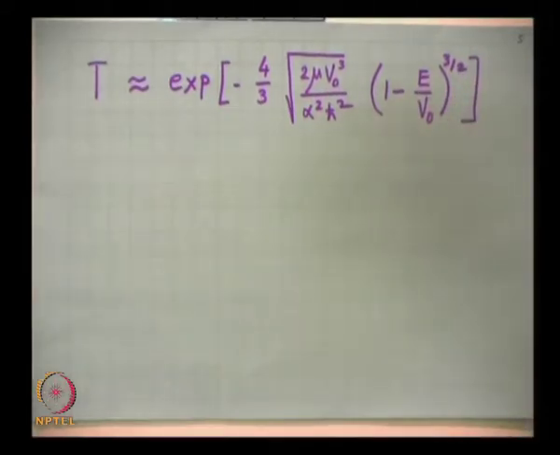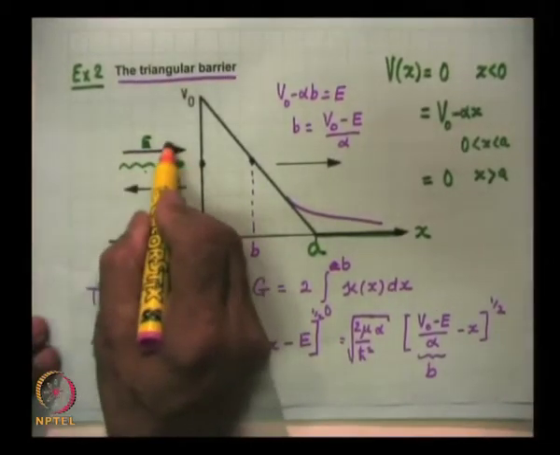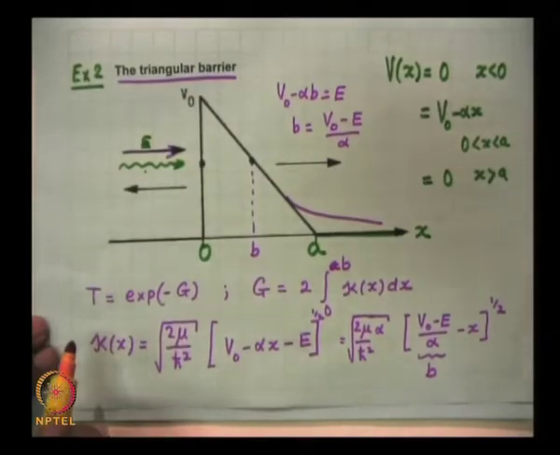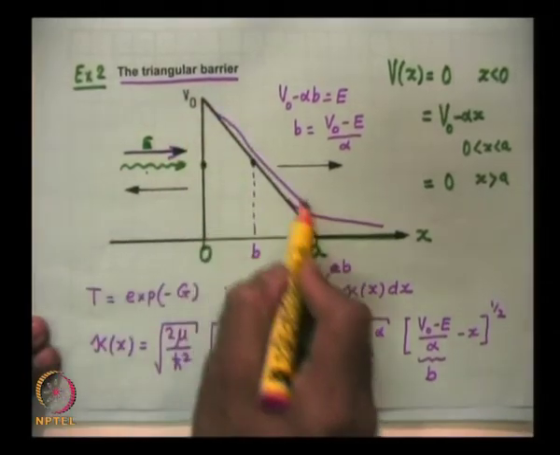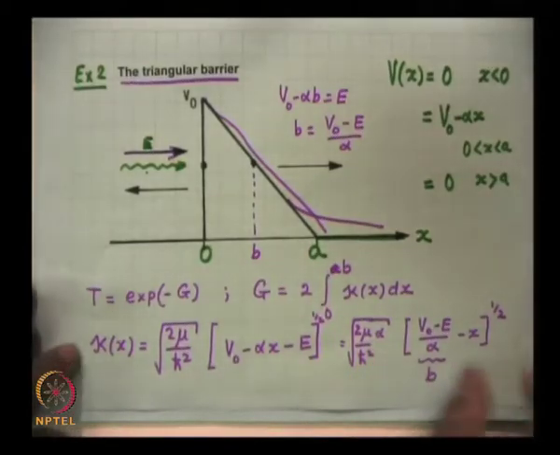So, this is the tunneling probability for a particle of energy E incident from the left and seeing a triangular barrier, and the maximum potential is V 0.